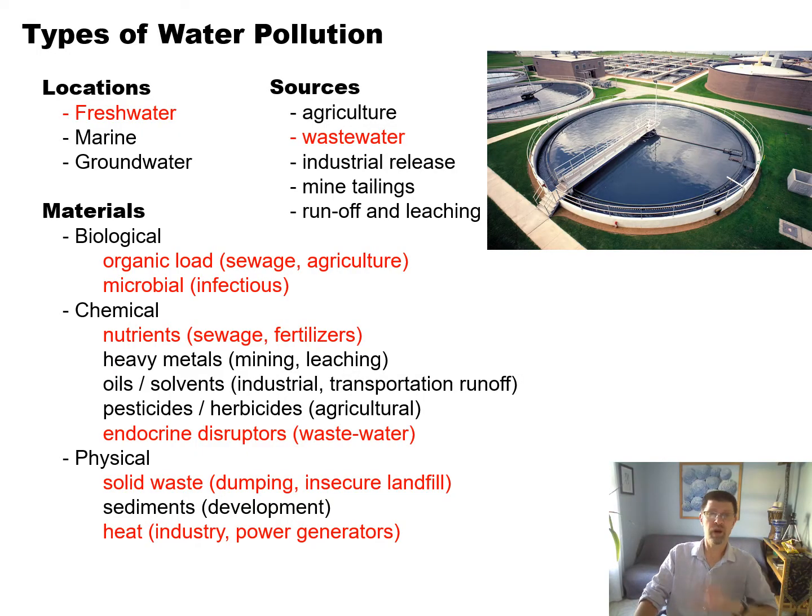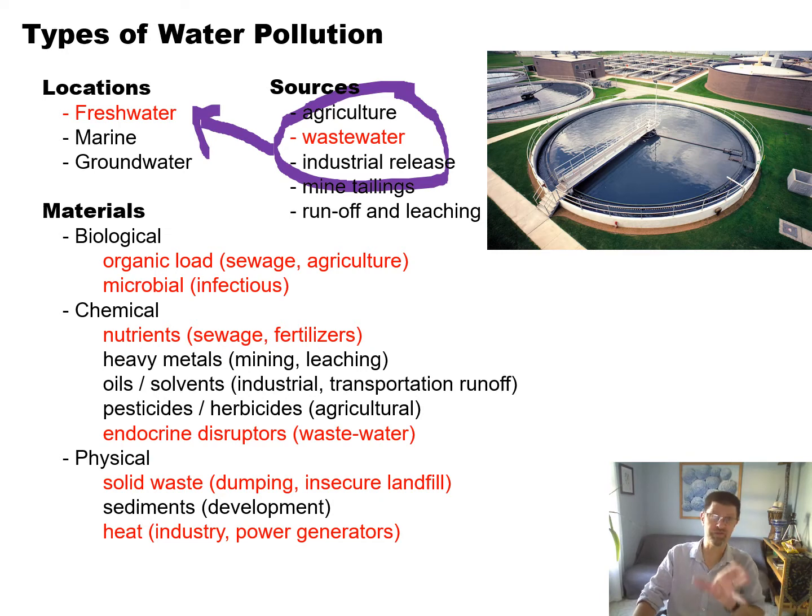Okay, so here we are right back with the same slide, but I hope you can see what I'm doing now. I'm moving on to wastewater, and I'm showing you that that's primarily a problem in freshwater systems. If we look down below, we see that in wastewater, because this is coming from urban areas mostly, we are flushing our toilets, doing our laundry, and watering our lawns, and all of this stuff is going into the system that drains back into the river eventually, or into the reservoir eventually.